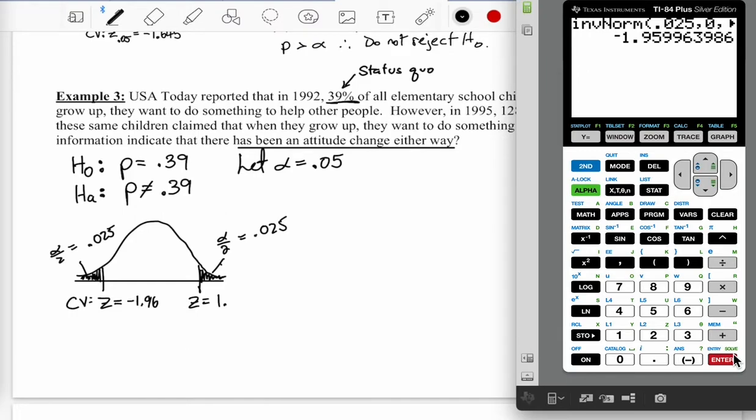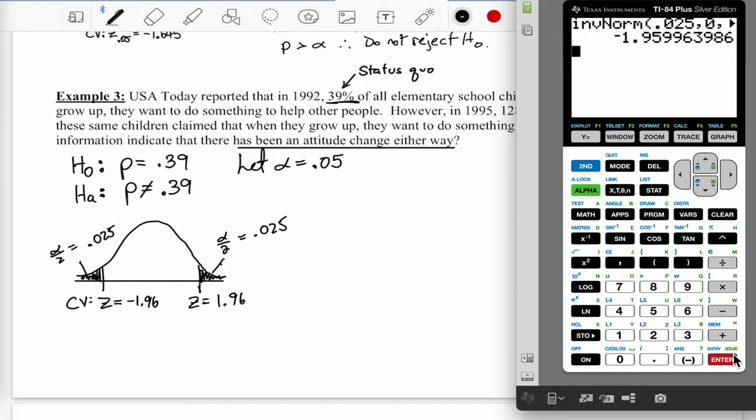Symmetry tells me that the other side would be positive 1.96. Those are my cutoffs. If my test statistic is less than negative 1.96 or greater than positive 1.96, then I would reject the null hypothesis.